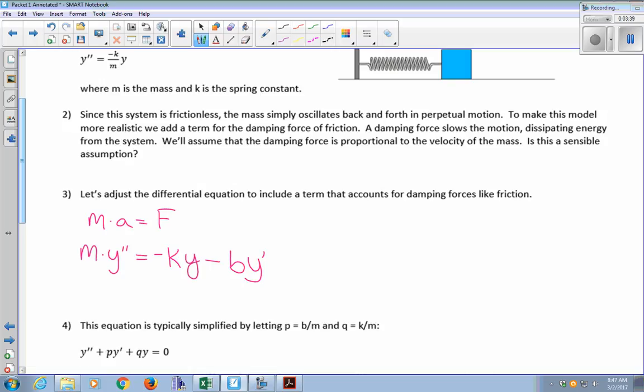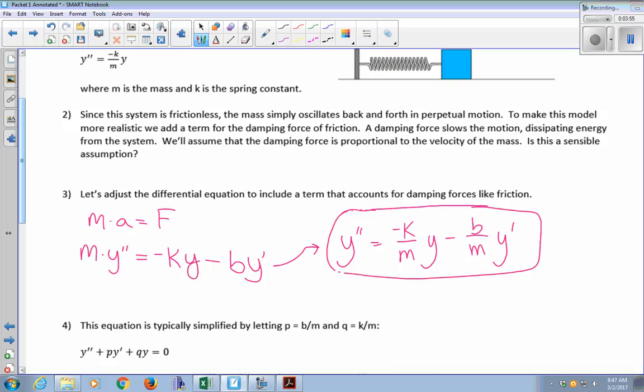And then just divide everything by m, right? So I have y double prime is equal to negative k over m y minus b over m y prime. And that is the damped harmonic oscillator. And when b is 0, you have no damping.